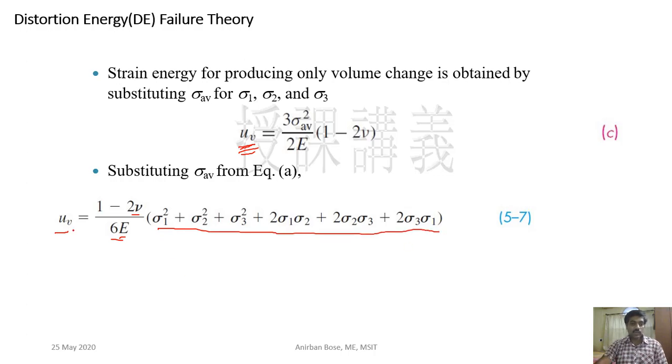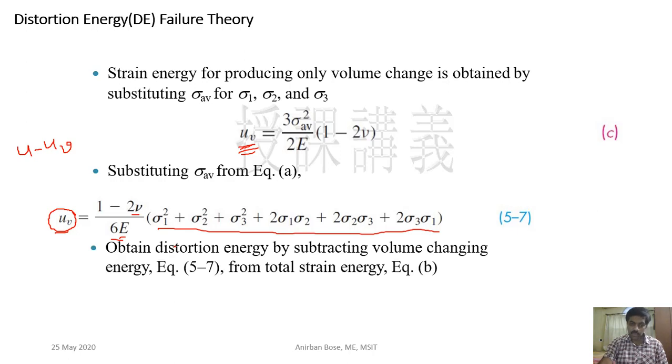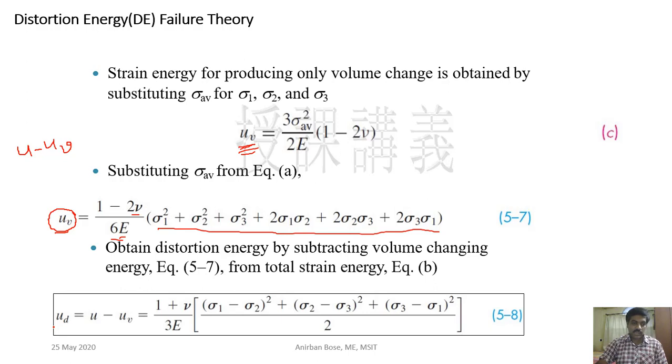So what you have got is the volumetric strain energy, that is, the part due to the hydrostatic component of the total strain energy. Then how can you find the distortion strain energy? Simply U minus UV. Distortion strain energy is equal to U minus UV.